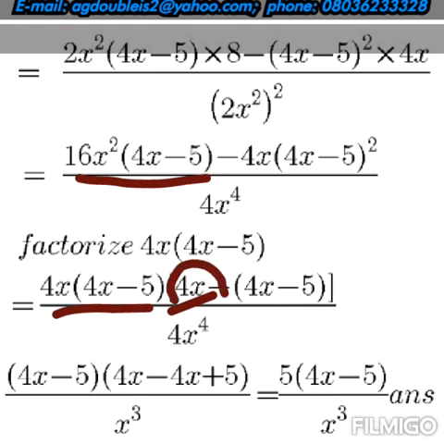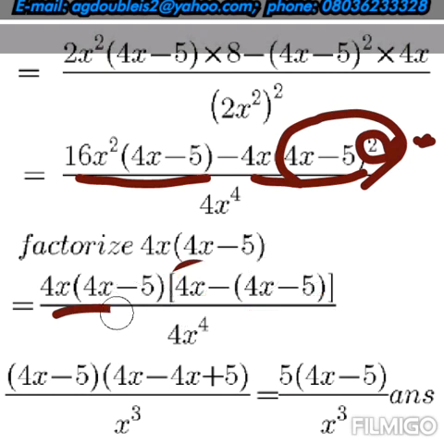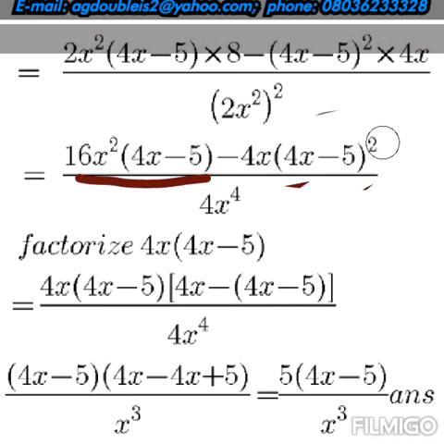On this side, you have a single 4x minus 5, because this one is squared, so if you subtract one from the power, you have just a single 4x minus 5. So this is how we got the numerator after the factorization.